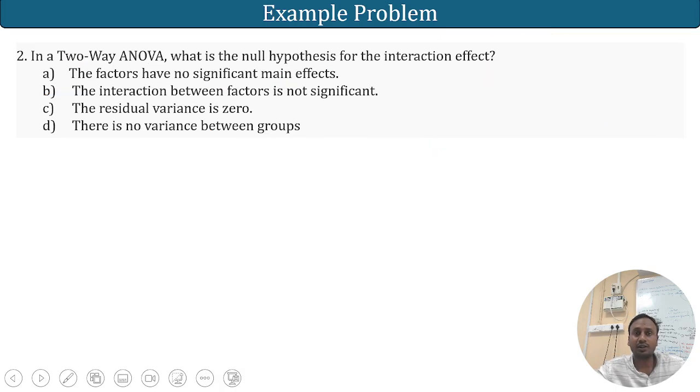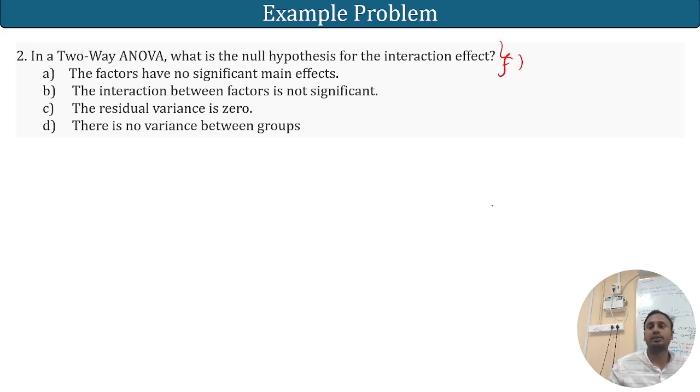What was the second question? In a two-way ANOVA, what is the null hypothesis for the interaction effect? Are you here only, or did you leave? Okay.